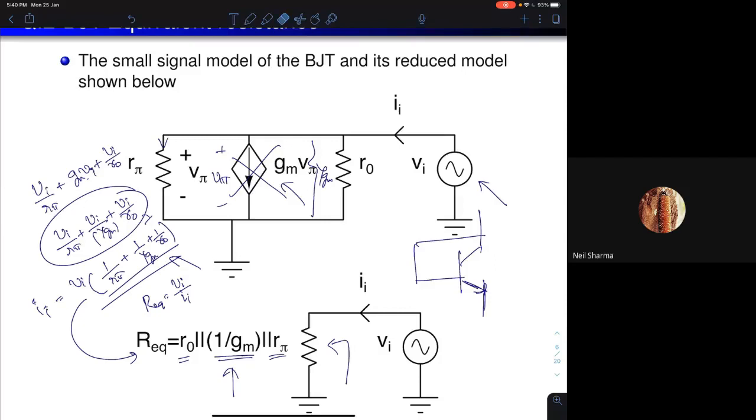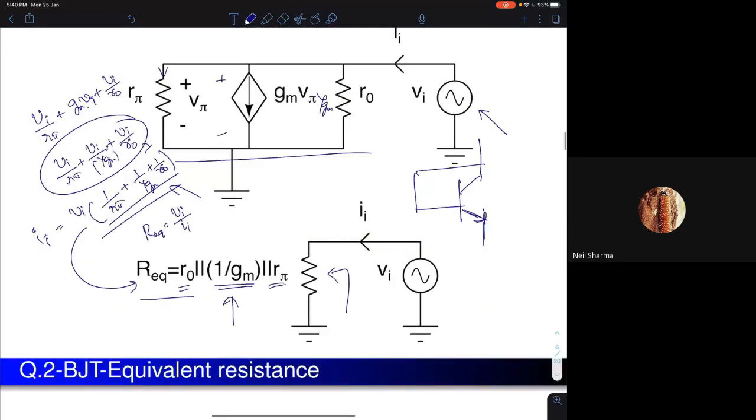So don't do that unless the base and collector are shorted. What you are left with is the parallel equivalent of the three resistors, which is what I've shown here as R equivalent. Once you calculate the quiescent current, you know all three parameters. Find the parallel equivalent, and that will be your equivalent resistance value.